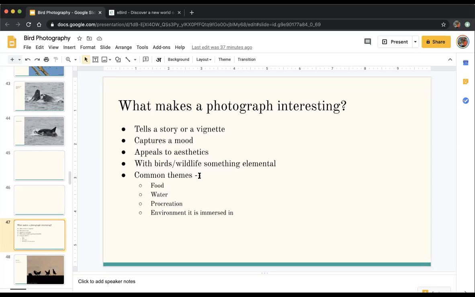They all have the urge to procreate. And from an aesthetics or mood or bigger perspective, there's also the environment in which they exist. So all of these are sort of elements of a memorable picture.